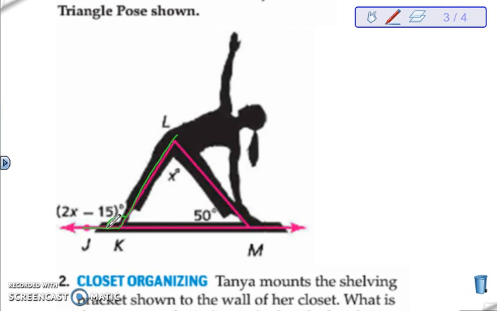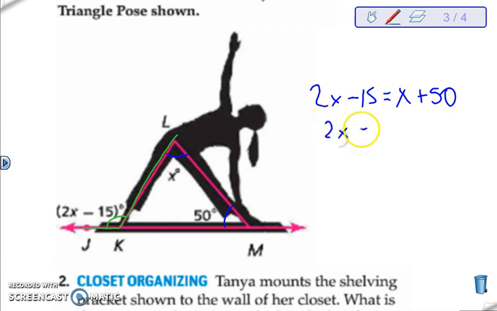Well, to do that, we're going to need X. And we just said that if you extend the side of the triangle, the angle on the outside is equal to the two opposite corners added together. So the angle on the outside equals the angles on the two opposite corners added together. So we should be able to solve this for X.